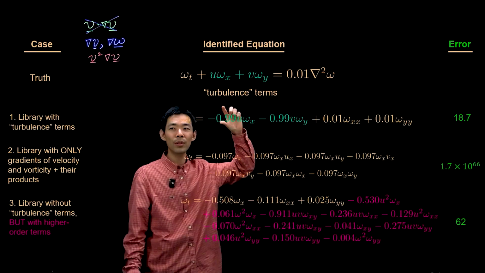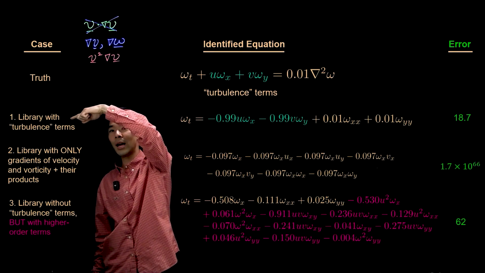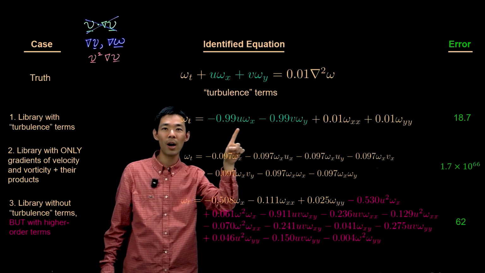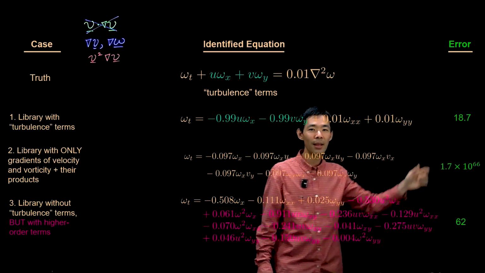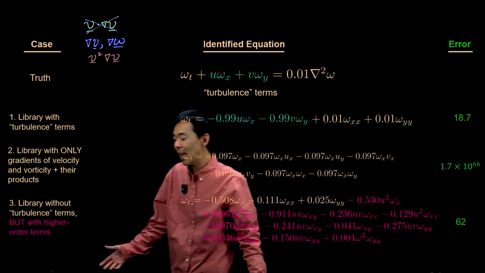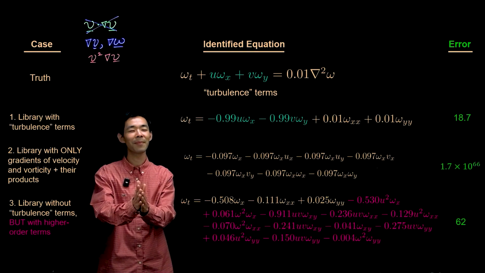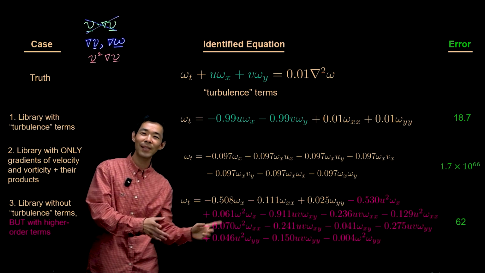If the true solution was this, and case 1, which had all the library terms, gave you this equation, which was only 0.01 off, and that small little difference gave you an error of 18.7, this error of 62 isn't actually all that bad.